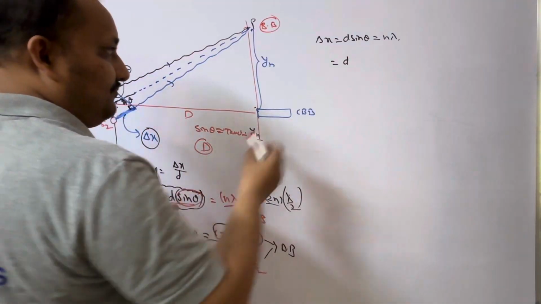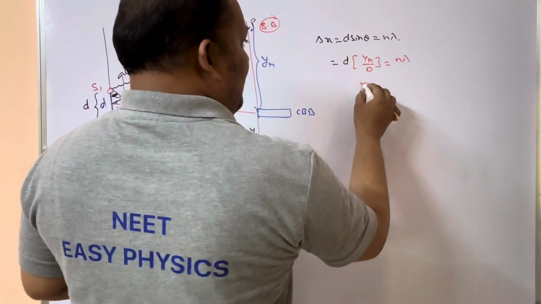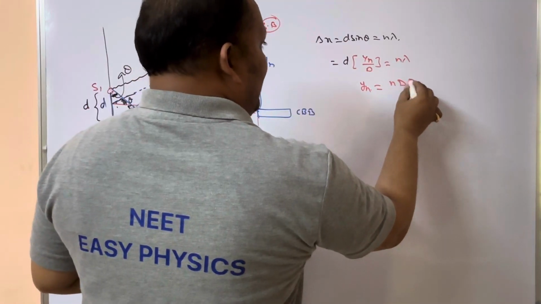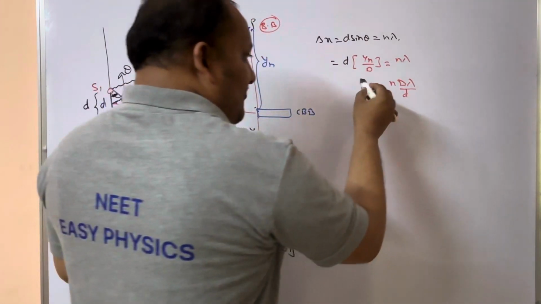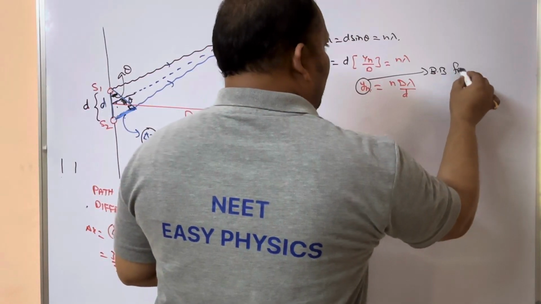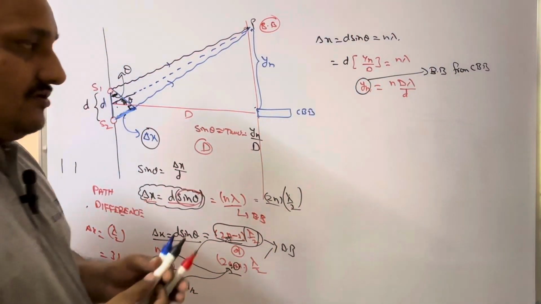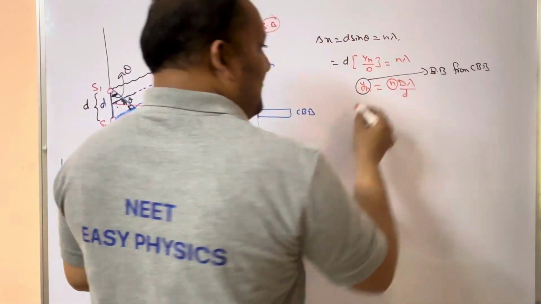With sin theta as yn by D, yn by D equal to n lambda, then yn is equal to n D lambda by d. So yn is the distance of the bright band from the central bright band. That is the formula, for the nth bright band.